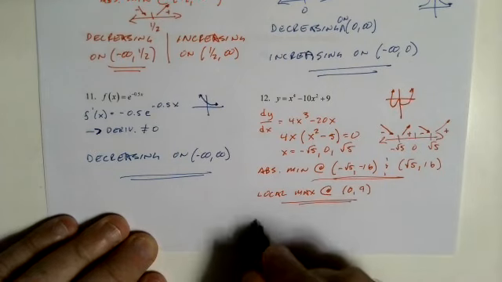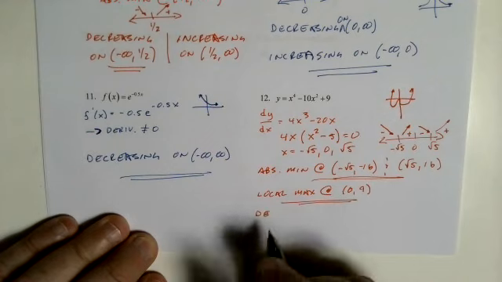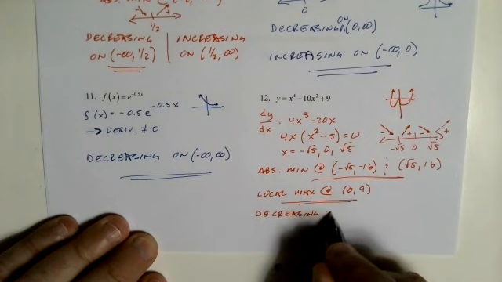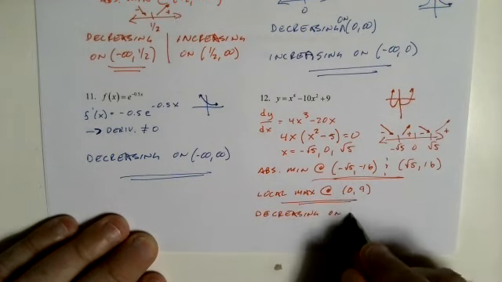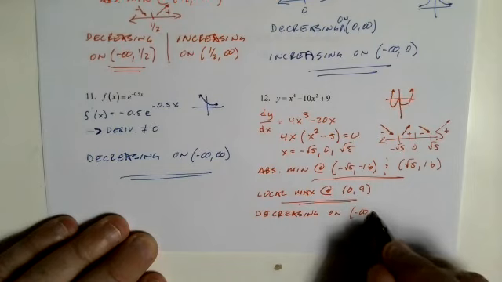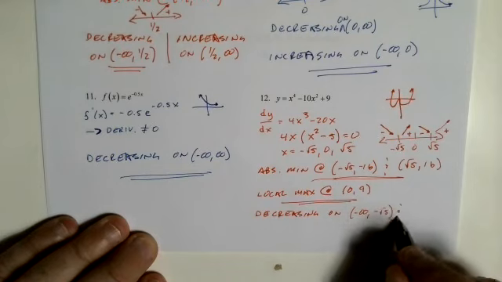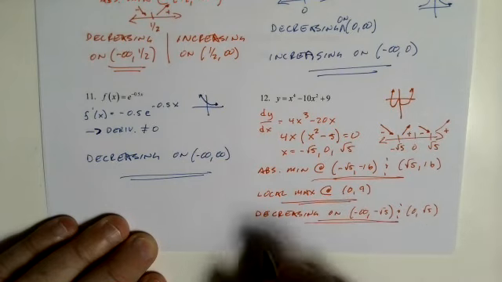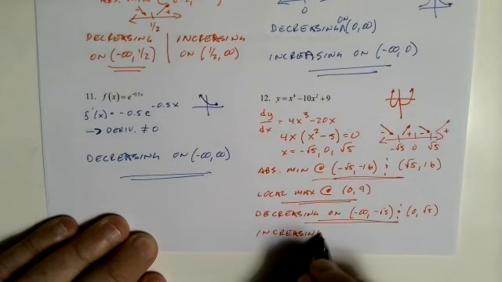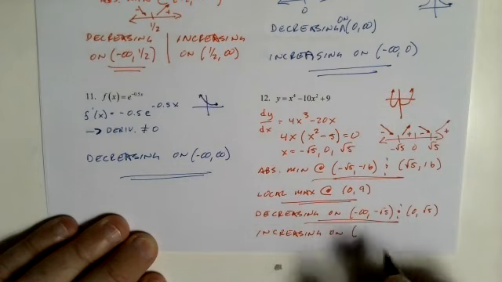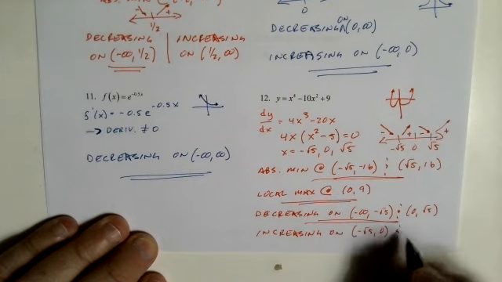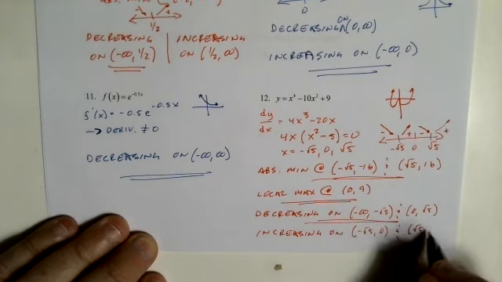And then it is decreasing on negative infinity, negative root 5, and 0, comma root 5, and increasing on negative root 5, comma 0, and root 5, comma infinity.